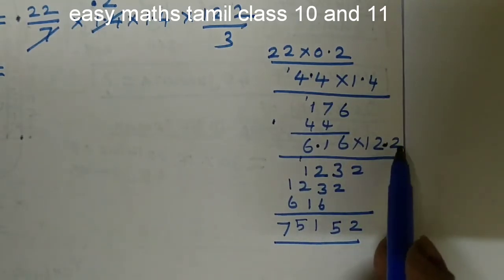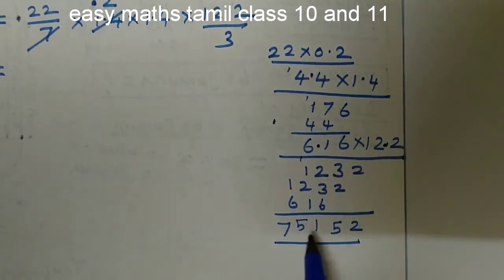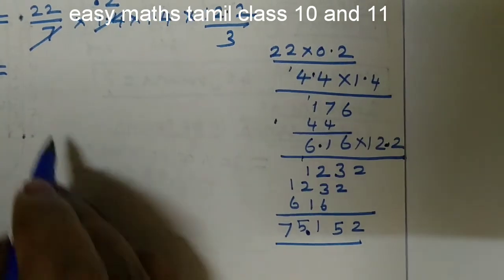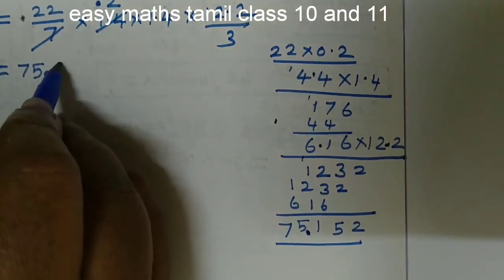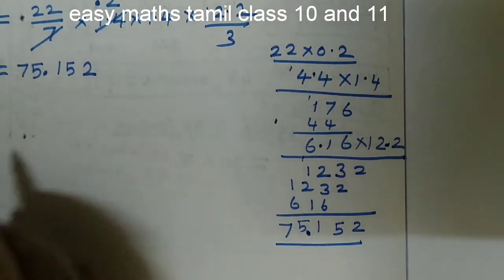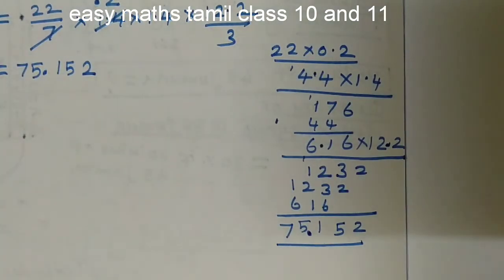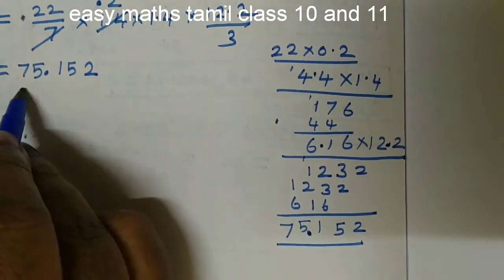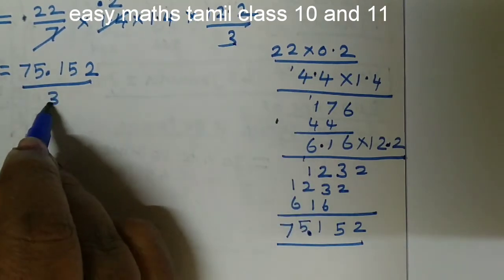The decimal point is after 3 digits, so write the decimal point after 3 digits: 75.152 divided by 3.